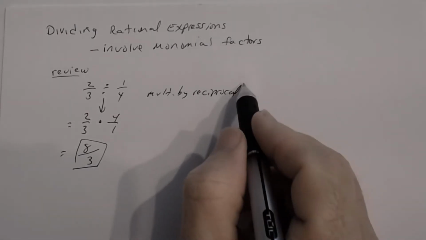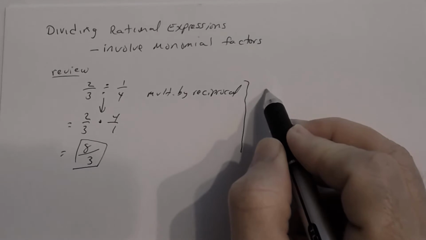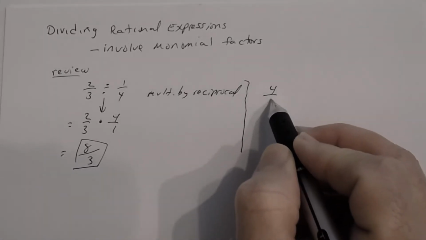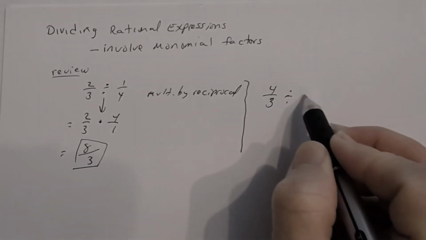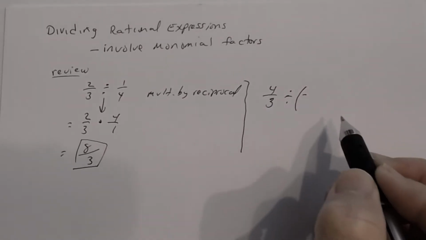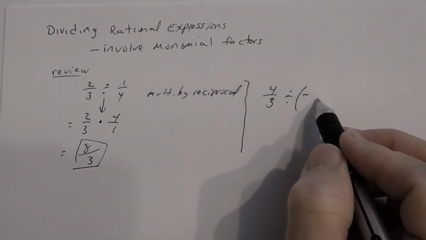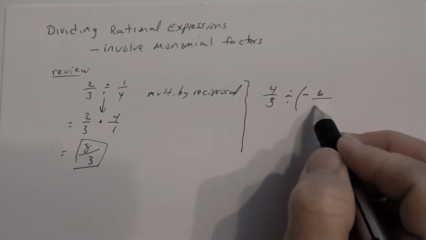Just to review again, suppose I had 4/3 divided by a negative 6/5. I'm making this up.